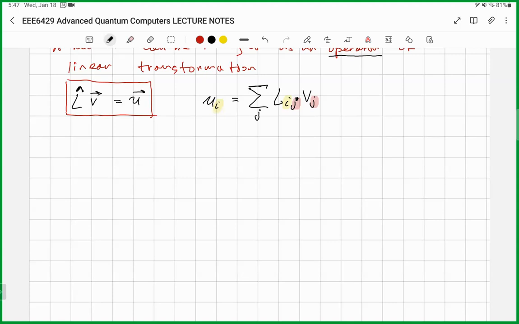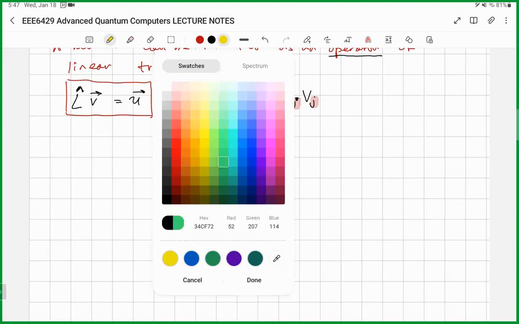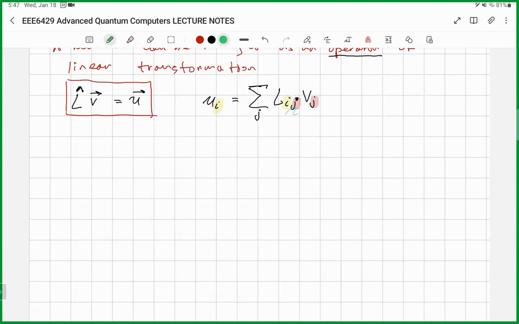I remind you that in the matrix L_ij, the first index i represents the rows and the second one represents the columns.